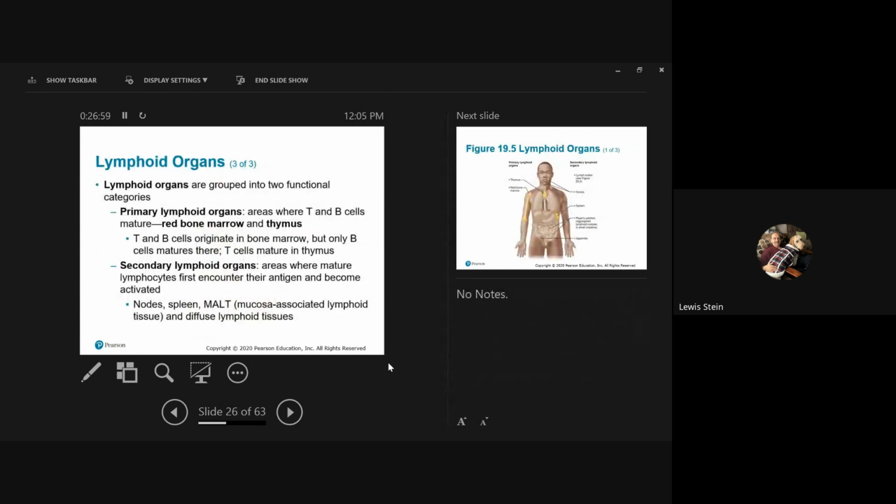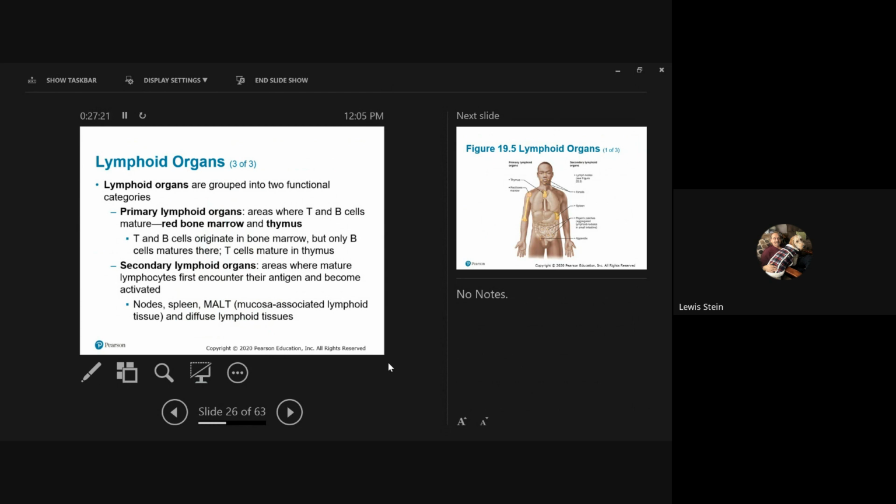I'm almost done with this. I know it's getting long, and you can see your attention is wavering. So the primary organs where the B and T cells are either made or mature are the bone marrow and the thymus. Secondary is where they get ready to do business, so to speak.